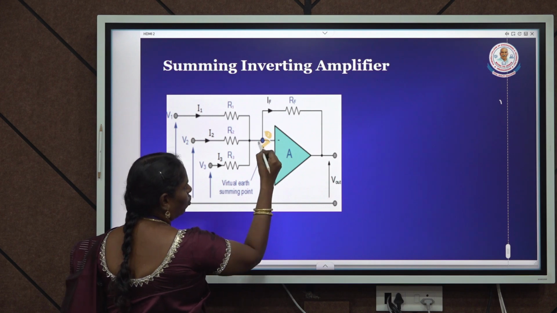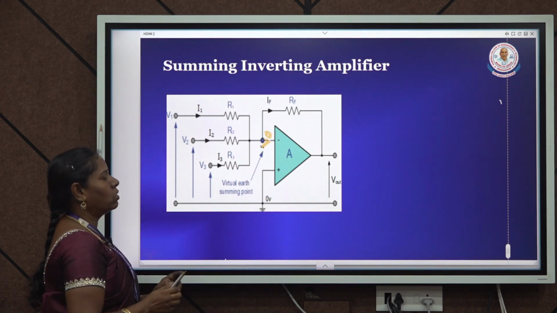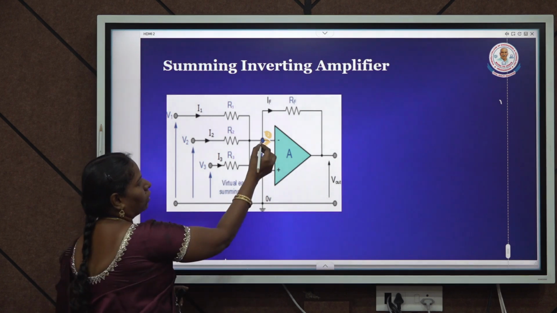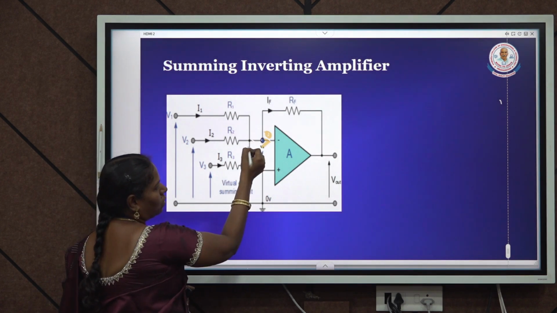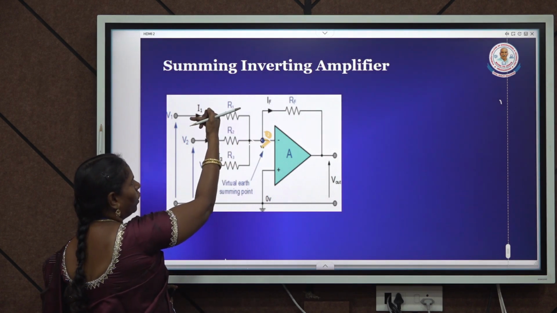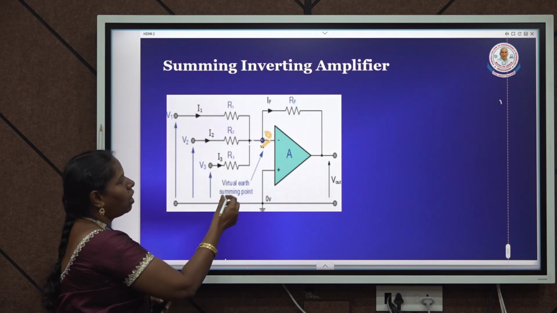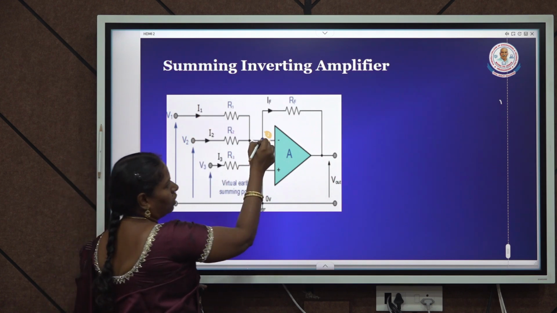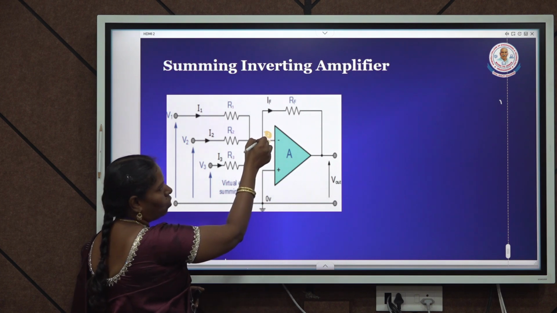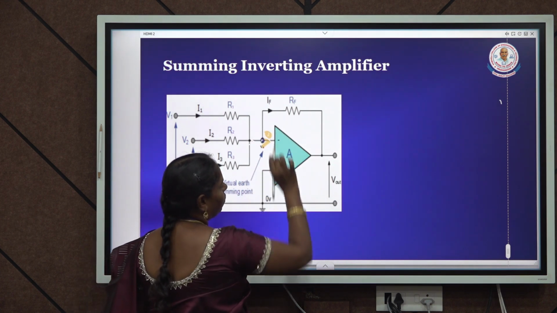The current flow towards the operational amplifier is 0, but at the node the currents flowing from V1, V2, V3 are getting summed up, that is marching towards the node, and IF current is leaving the node.